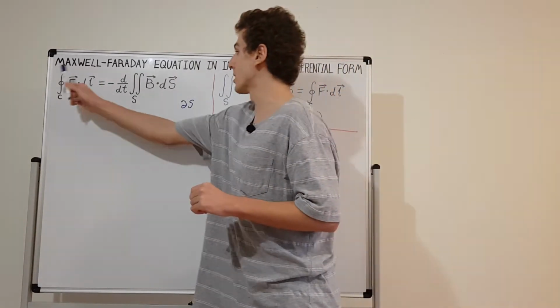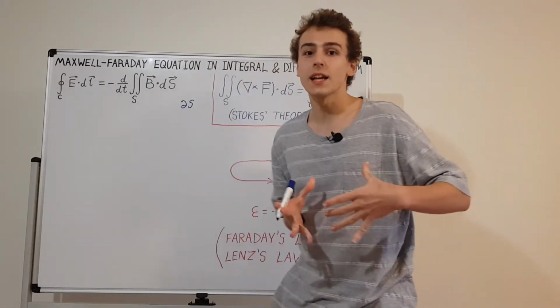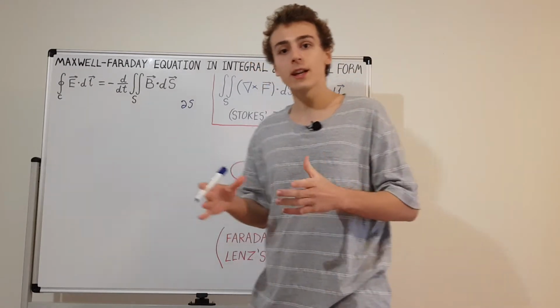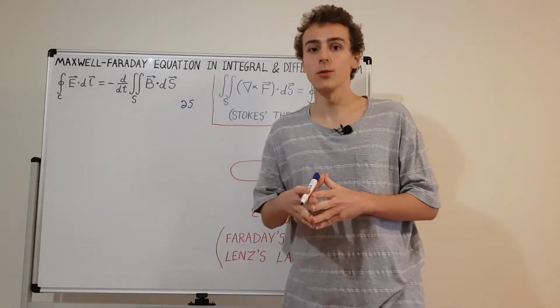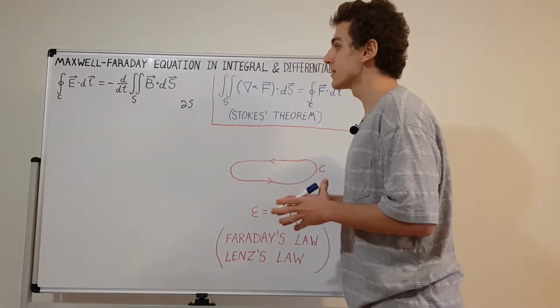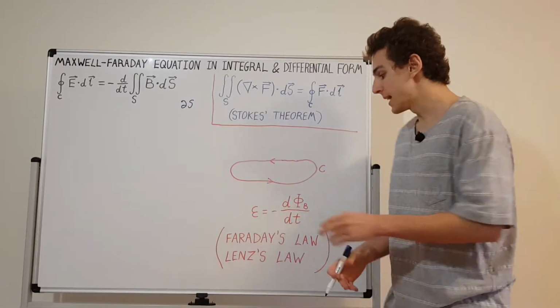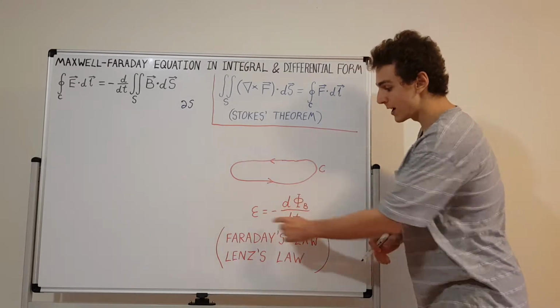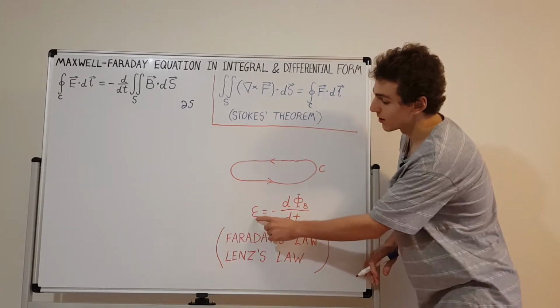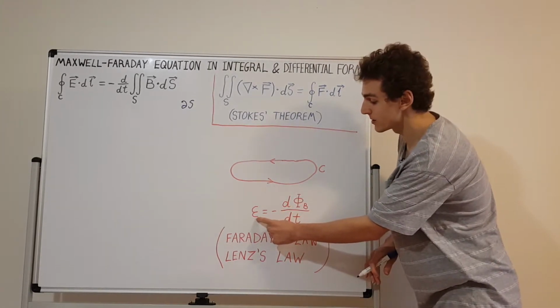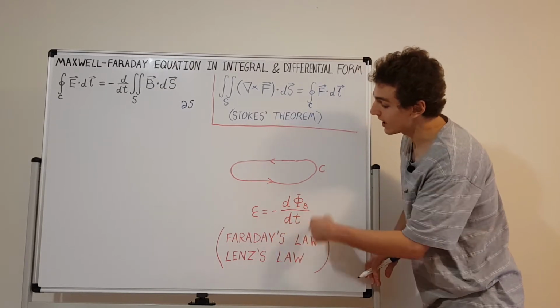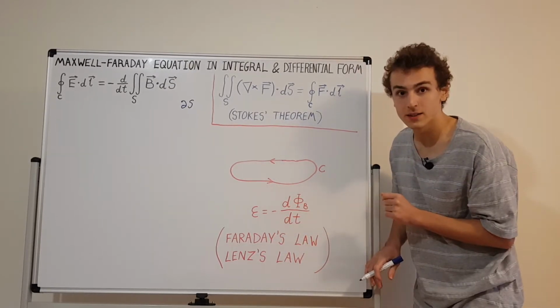This thing over here is sometimes called the electromotive force. Faraday, when he was discovering a lot of these laws, called this the electromotive force. Sometimes it's called EMF. In this form down over here, this red equation, we have epsilon, that's the electromotive force. That's the negative of the time derivative of the magnetic flux.